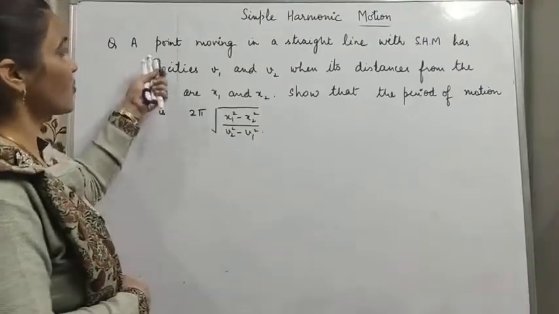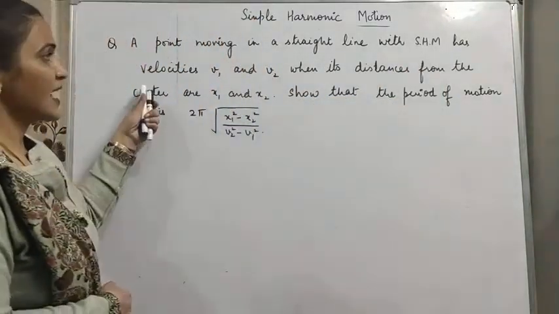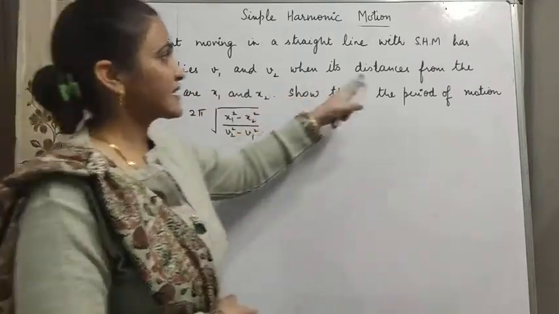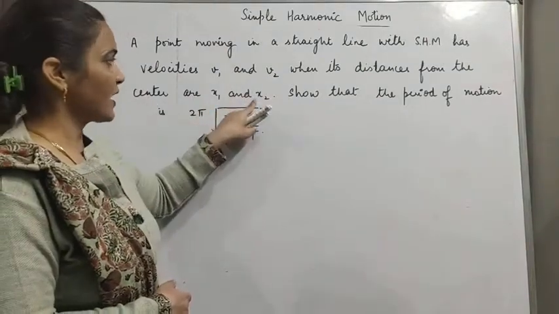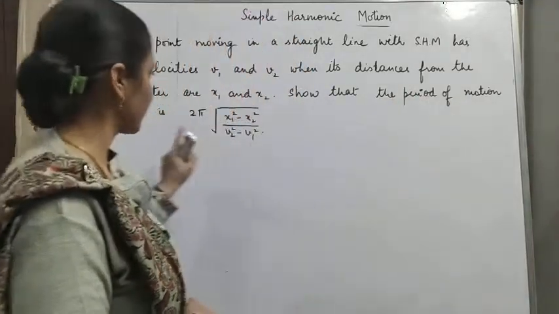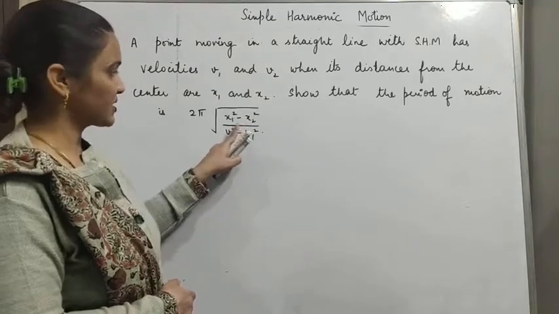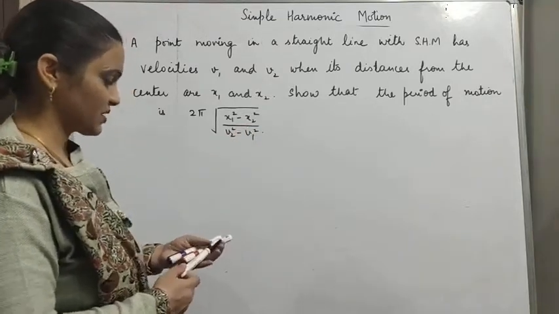Next question. A point moving in a straight line with simple harmonic motion has velocities v1 and v2 when its distances from the center are x1 and x2. Show that the period of motion is 2 pi into under the root x1 square minus x2 square upon v2 square minus v1 square.